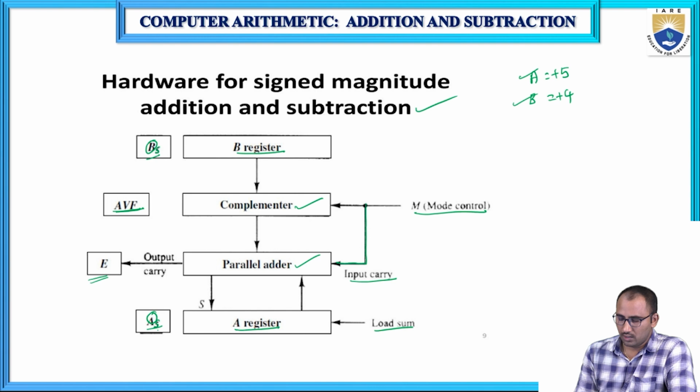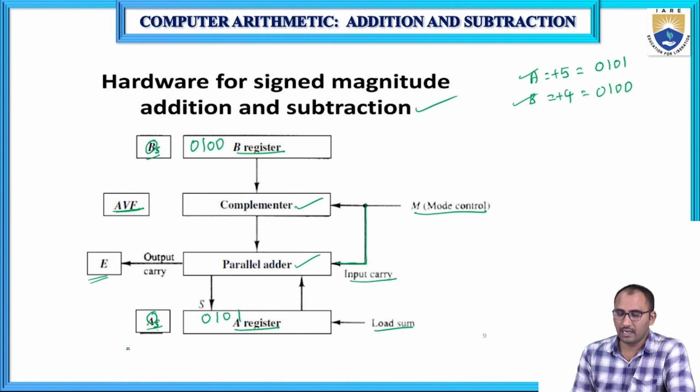Let us assume 4-bit registers. 5 is 0101 and 4 is 0100. In the A register we have stored 0101, and here we have stored 0100.